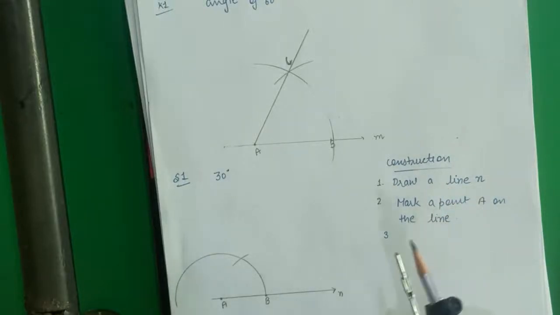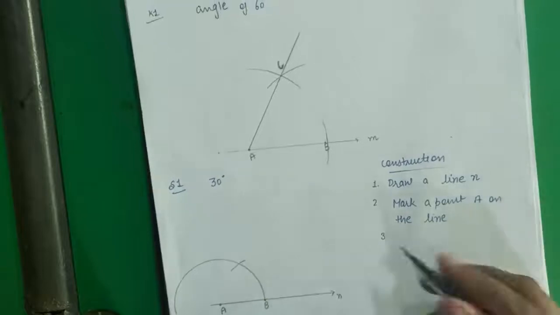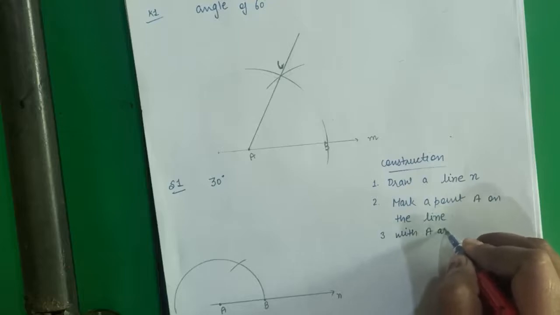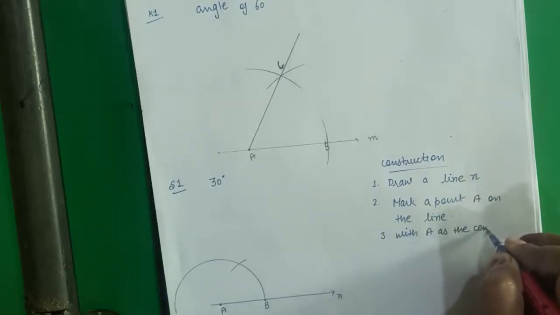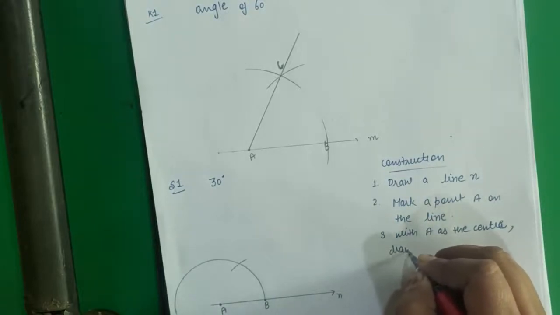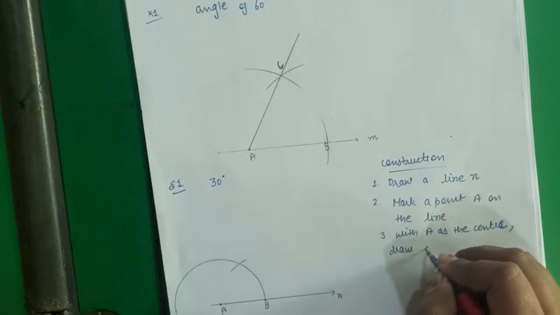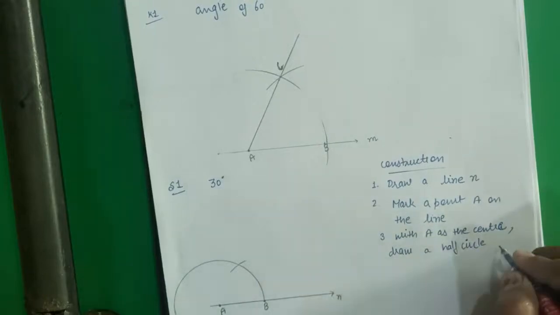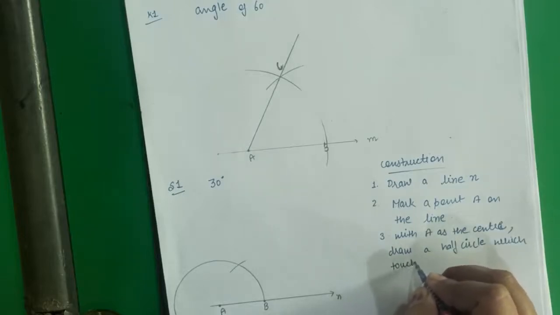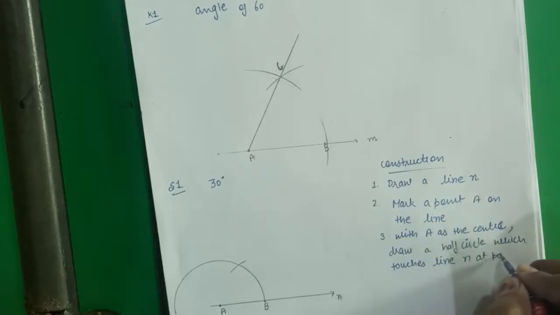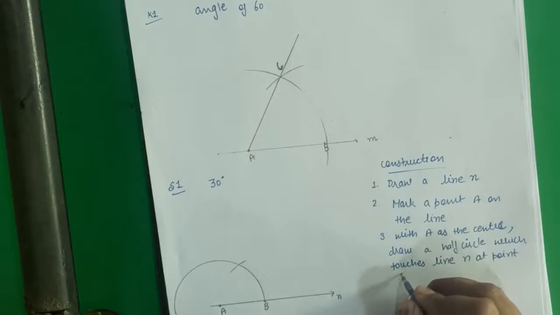In the third step you will write, with A as a center, draw a half circle, or you can say an arc, which touches line N at point B. Right?